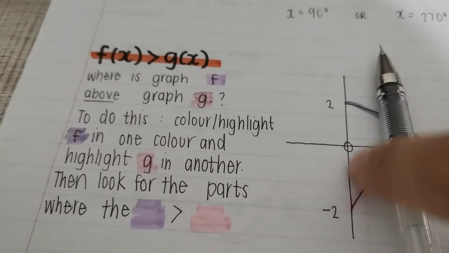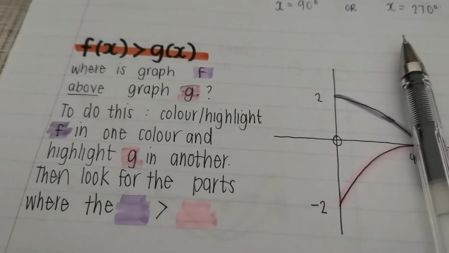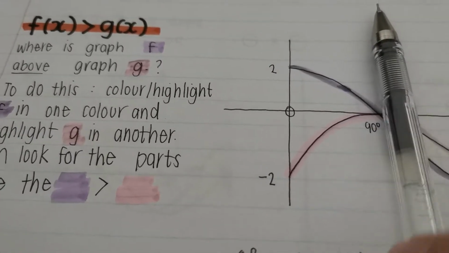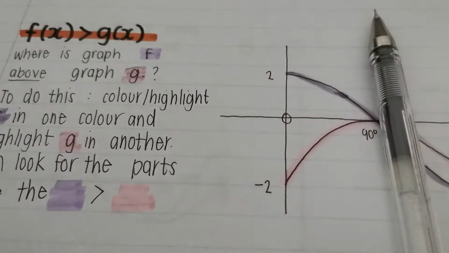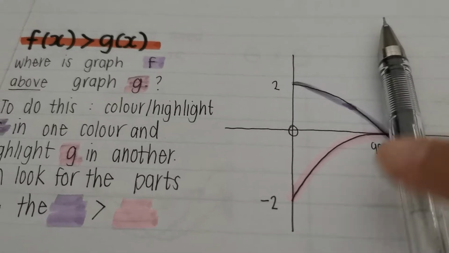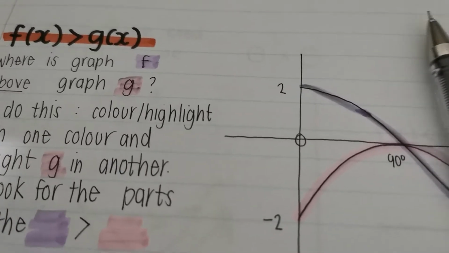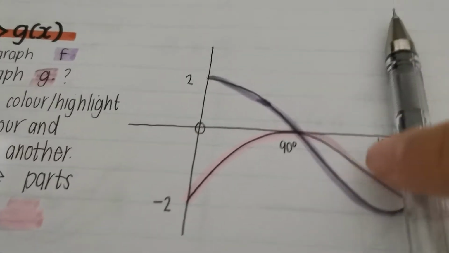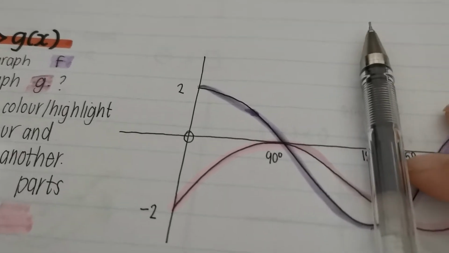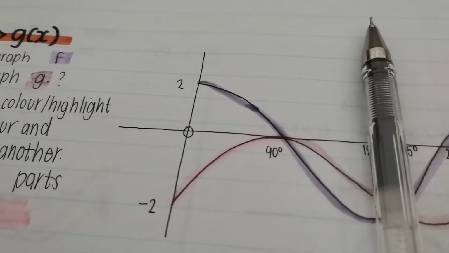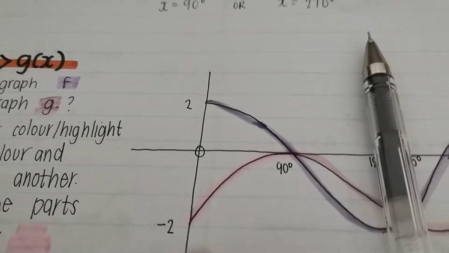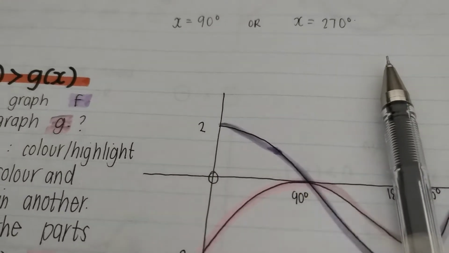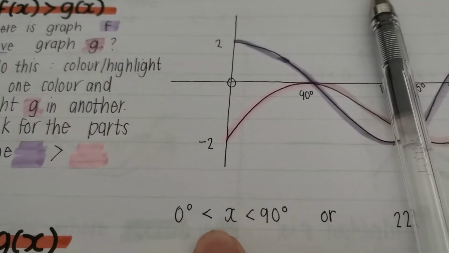So that means everything from 0 all the way up until this point 90. Purple is on top of pink, because the minute it touches that 90, do you see over here? Pink now becomes on top of purple. Pink on top of purple, that's not what I want. So my first solution is from 0 up until 90. There it is written over there.